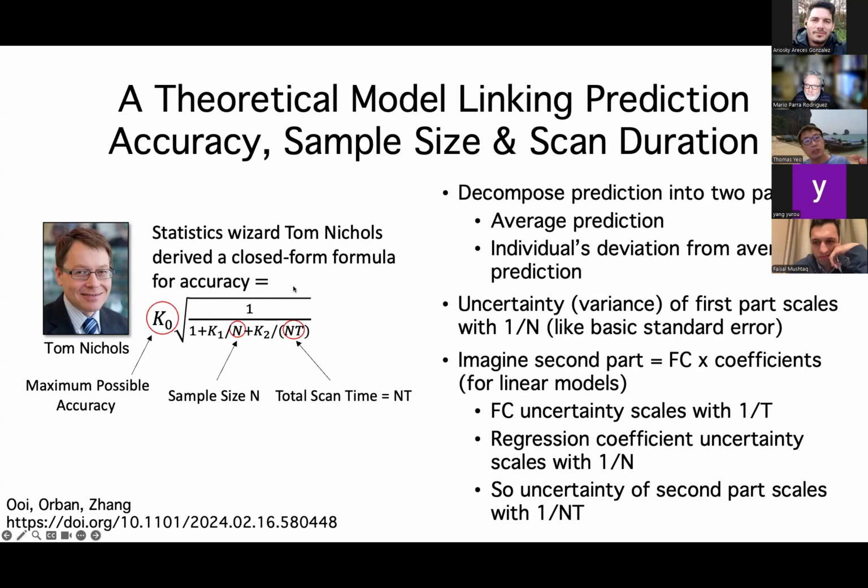So there are 3 unknowns, K0, K1, K2. We can fit this to real prediction accuracy data. The goal here is to determine whether our theoretical model can explain the empirical results even though we have these simplifying assumptions. And also, we want to determine the relative importance of 1 over N and 1 over NT.